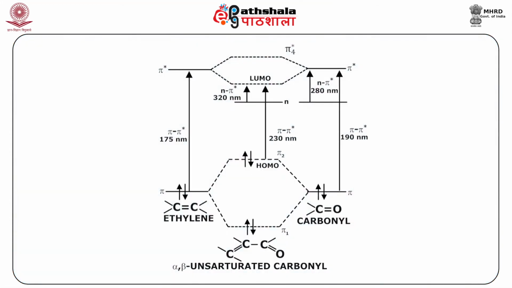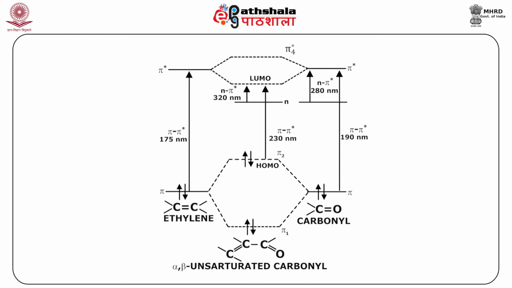If the carbonyl group is conjugated with a C=C double bond, that is, alpha beta unsaturated compounds, both pi to pi star and n to pi star transitions shift to a longer wavelength compared to the unconjugated carbonyl compounds.